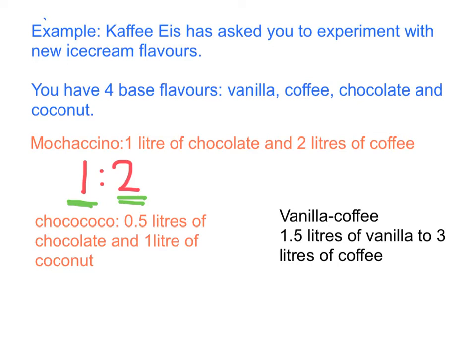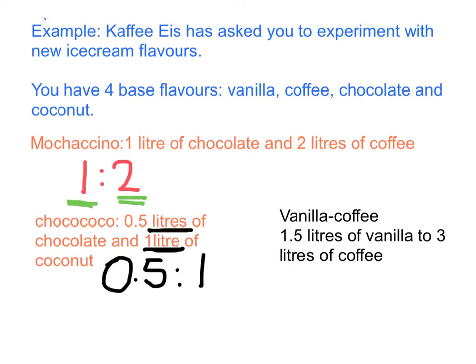The next new flavour, which I reckon sounds the best out of all of these, is Chococo. Chococo has 0.5 litres of chocolate and 1 litre of coconut. So we write this down, 0.5 to 1. But there's a problem with that. Both the units are the same, they're both litres, but 0.5 is a decimal, and so it's a bit harder to think about easily.